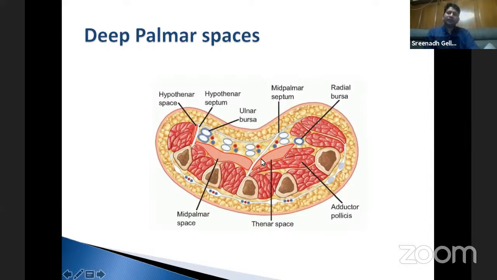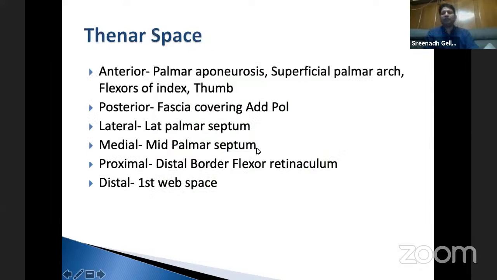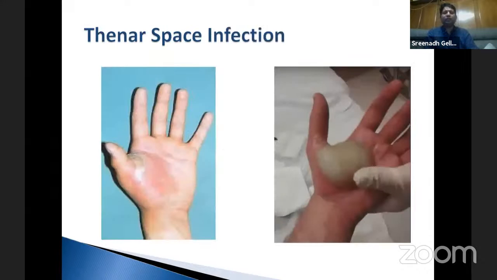The collection at this space is the most common collection that can happen. It can go distally to the first web space, or proximally it can go to the flexor retinaculum. There are some certain things that I would like you to specifically know about it. For a Thenar space infection, usually they put a clinical photograph like this. If they give it like this, it is much easier and gives away the features.